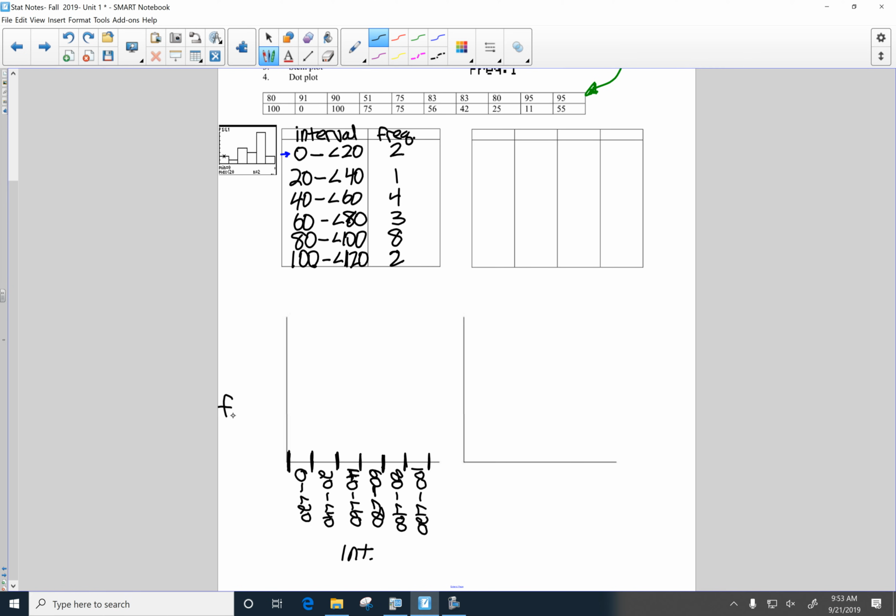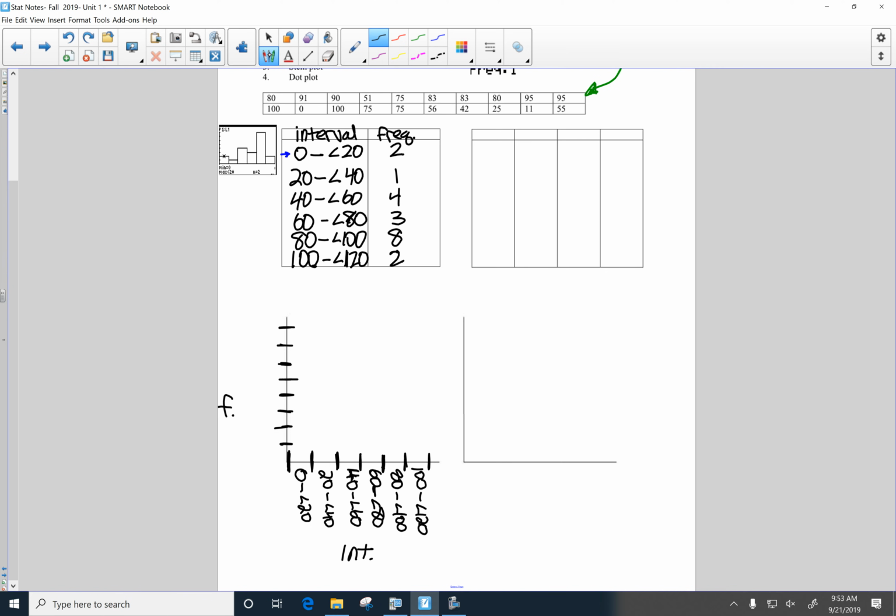No reason why you can't go by ones. If you're going by ones, you don't have to put the numbers. All right.